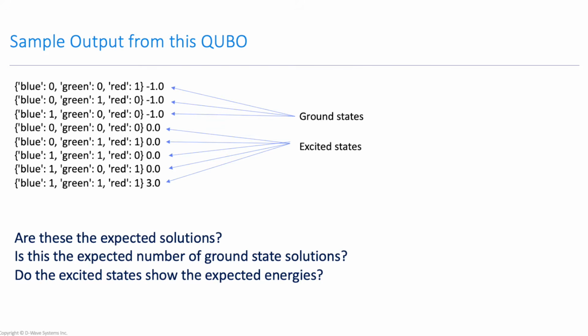And then look at the bottom, just for the heck of it. Blue, green, and red are turned on, which has 2 violations of the constraint. I wanted only one of them turned on, so that has energy 3. And so these are the 8 solutions for this particular very basic but important QUBO.